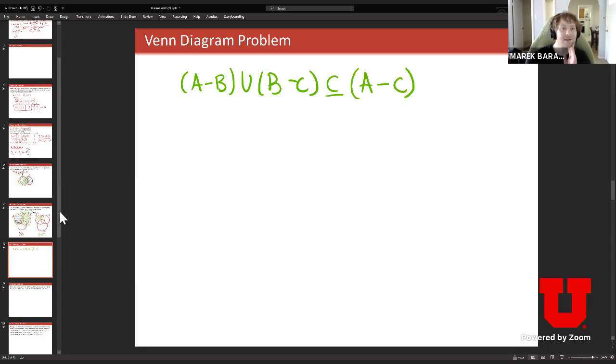So does anyone have a counterexample? I'm going to show you how I come up with these. Just put a number in each of the overlapping regions, or each of these regions.